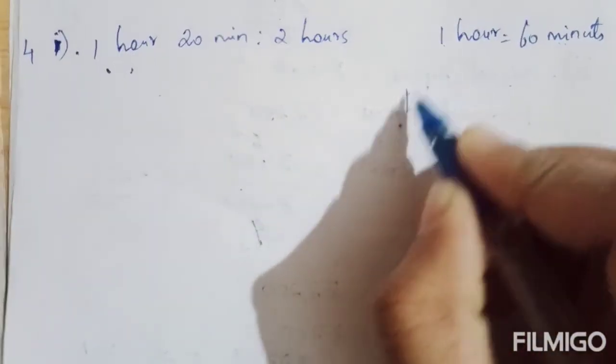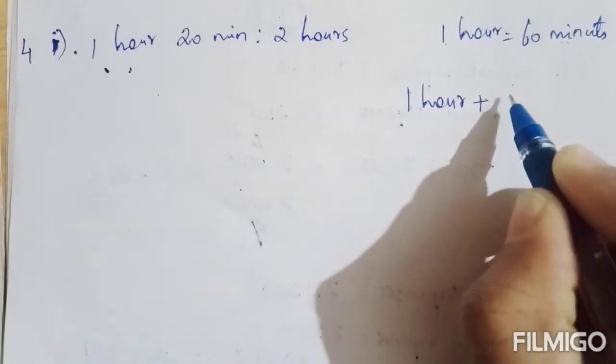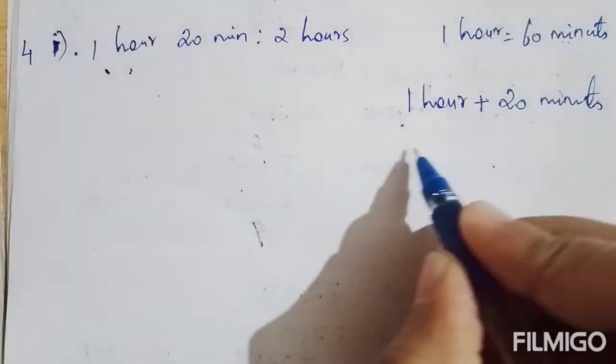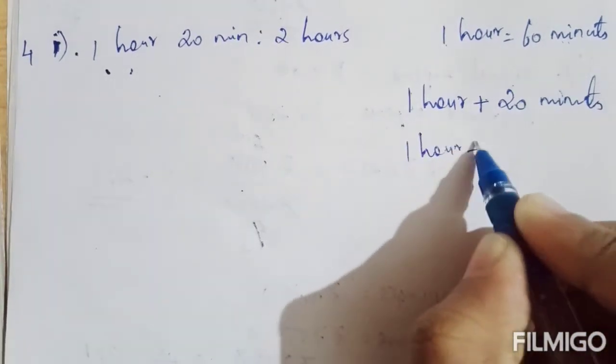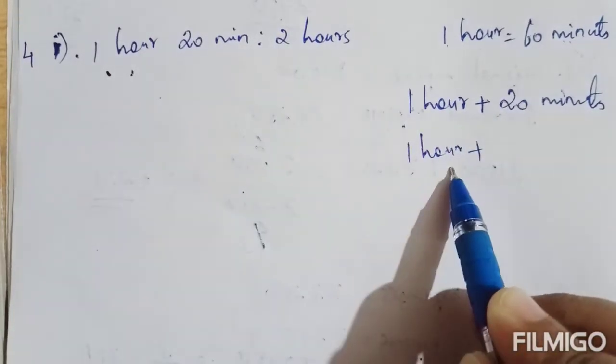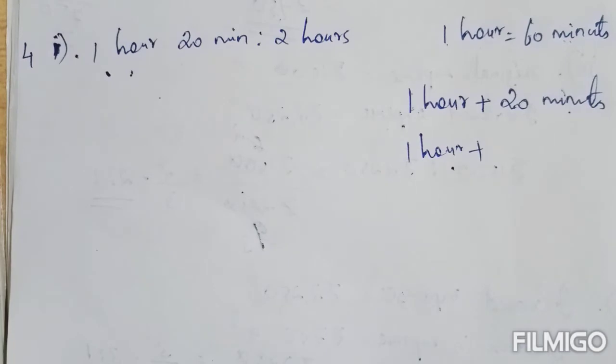Okay, 1 hour 20 minutes. We can split like this, 1 hour plus 20 minutes. So 1 hour we can write as 1 hour itself. 20 minutes we are converting to hour.